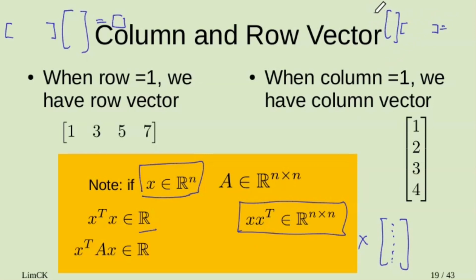You see this is n times 1 and 1 times n, so the result will always become an n times n matrix, n rows, n columns. So here, even if we multiply the transpose of x by a matrix A, and then by x itself, we also get a real number only.